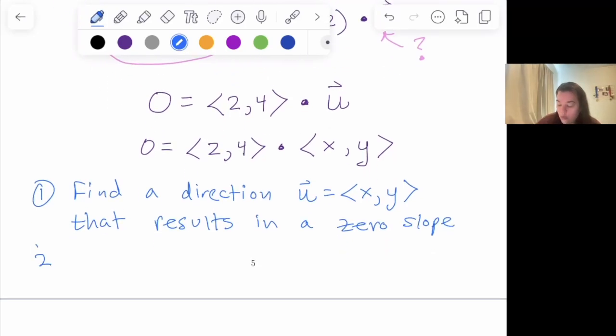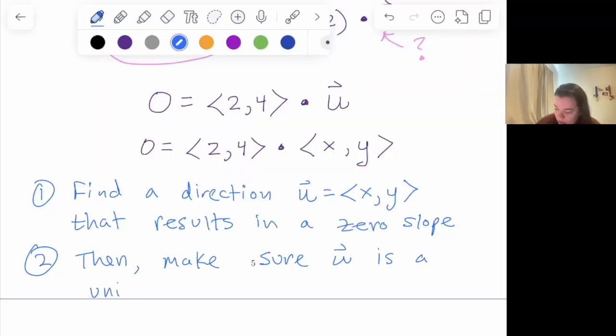Then make sure u is a unit vector. This is kind of the tricky way to do this. So first, don't worry about it being a unit vector. Just worry about finding a vector at all. Then we will change it to a unit vector.